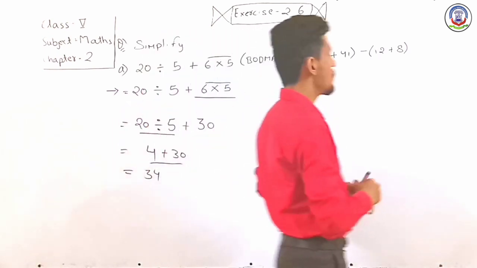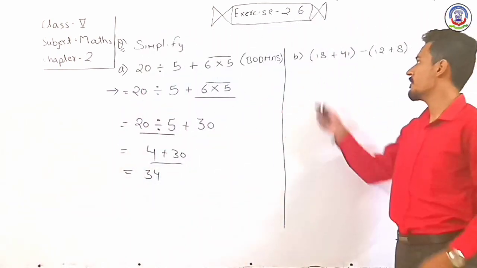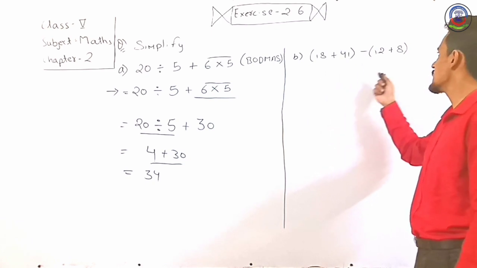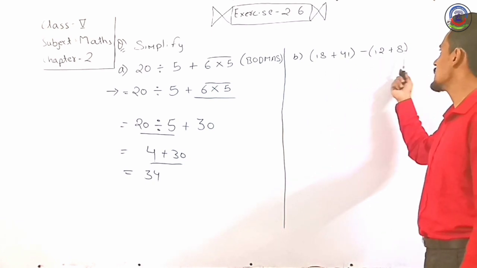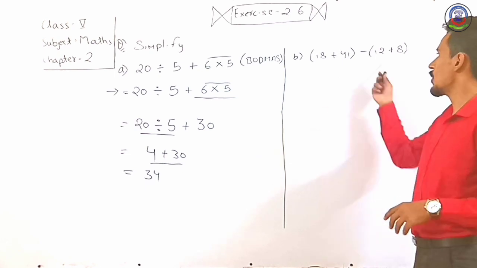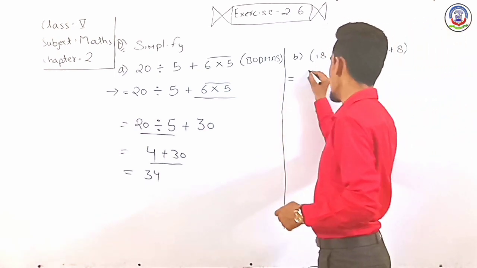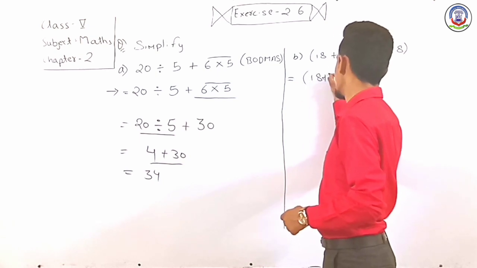Now move to B. In B we have in small brackets 18 plus 41 minus, in small brackets, 12 plus 8. So there are 2 small brackets. Now we write the equation as it is.